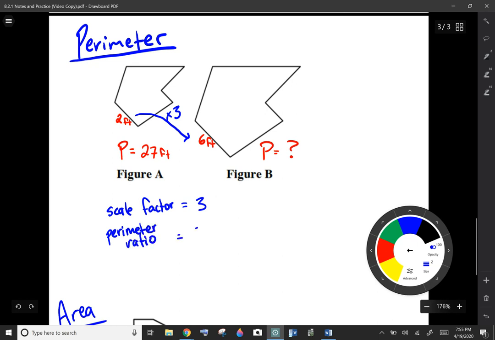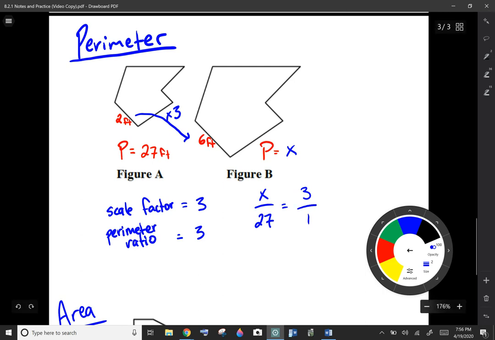Because we know that, we can actually figure out the perimeter of the larger figure. Let's call this perimeter x. So x over 27, the larger perimeter over the smaller perimeter, should be equal to 3. We know that because the perimeter is 3 times as big.